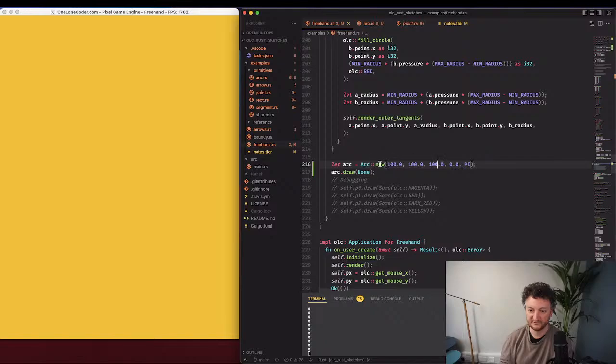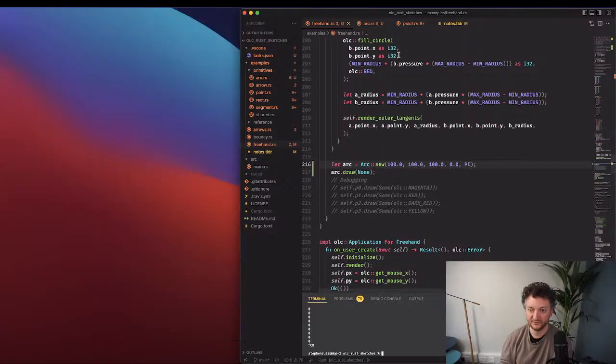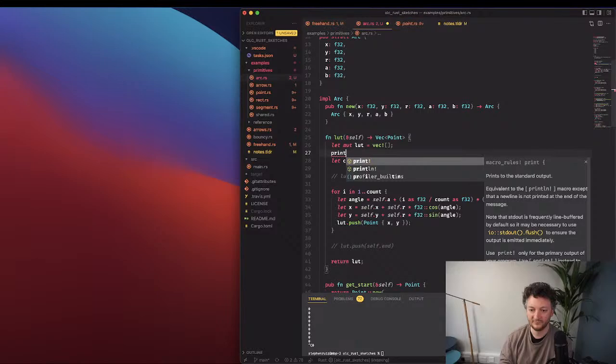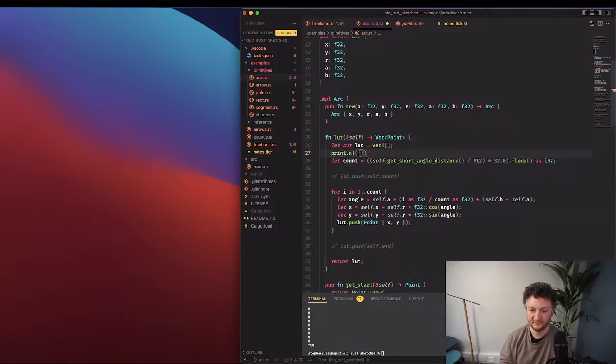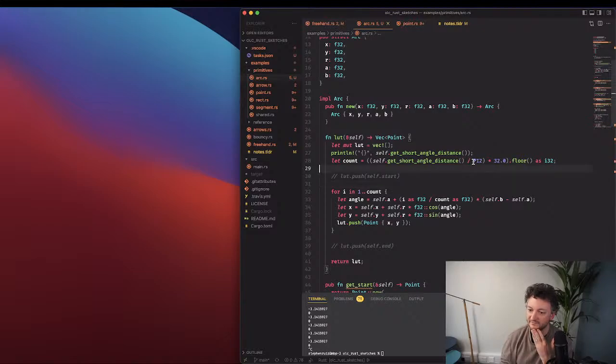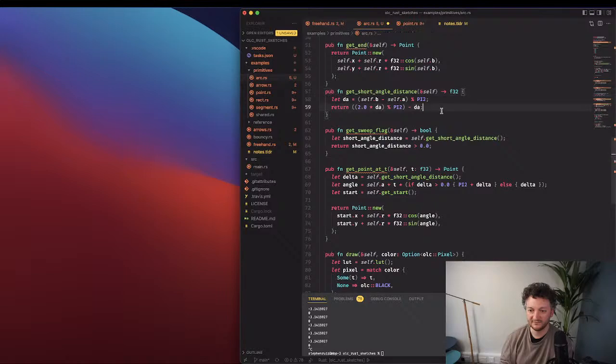Strange, now we have 0 points. And why would that be? Let's see what the distance is. Aha, so that's negative. So maybe this does need to be delta b.